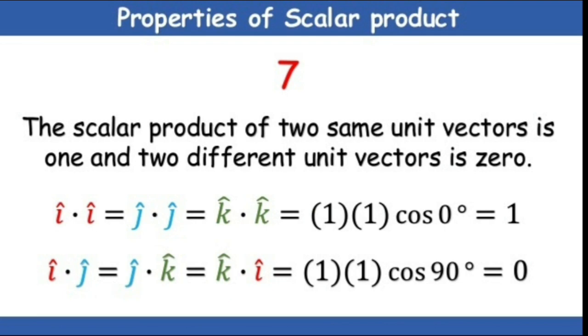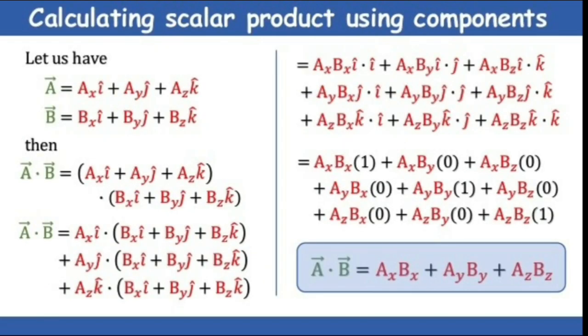Now coming to the component form of scalar product. That means if we express vector A and vector B in terms of rectangular components, what will be the expression for vector A dot vector B?